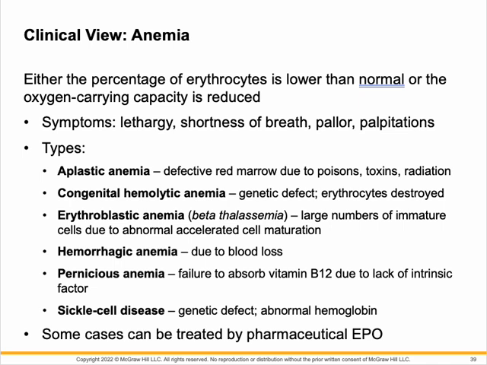And what you're lacking is something called intrinsic factor, which is this molecule produced in our digestive system that is necessary for the absorption of vitamin B12. So essentially you lack the intrinsic factor, which means you can't absorb vitamin B12, which means you can't synthesize adequate amounts of red blood cells, which means you can't bind enough oxygen, so you end up with anemia.